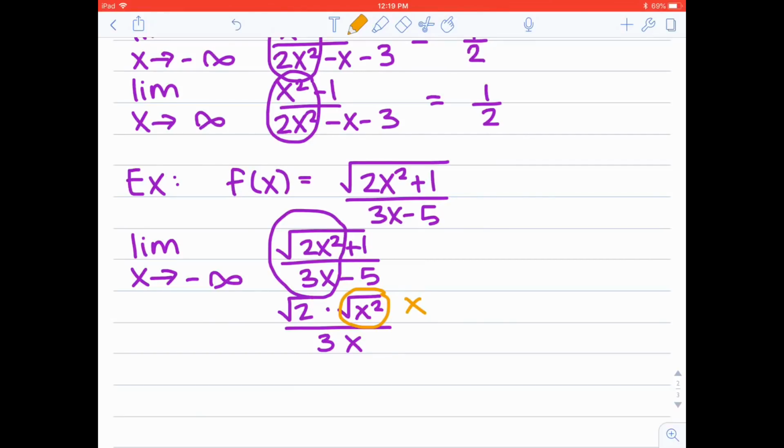So when you plug in that negative infinity to that x on the top, it's actually going to be a positive infinity, and when you plug in that negative infinity to that x on the bottom, that's actually going to be a negative infinity. So those infinities are canceling out, although we know they're canceling out to equal a negative, but then we do have those number coefficients. So we're going to say that the limit here is negative, because you had a positive infinity divided by a negative infinity: negative root 2 over 3.